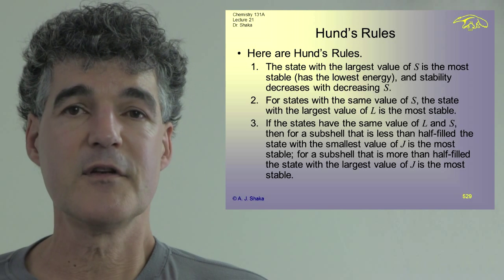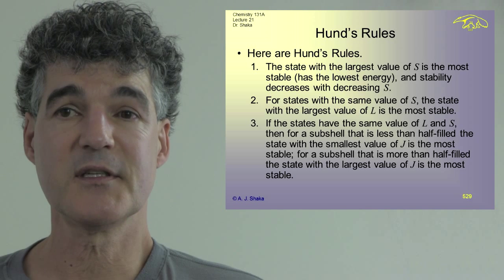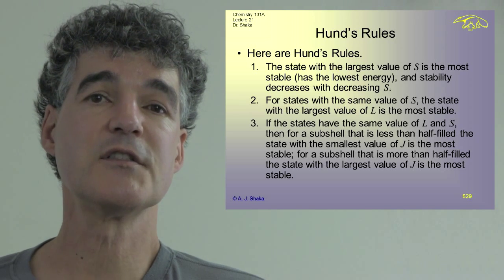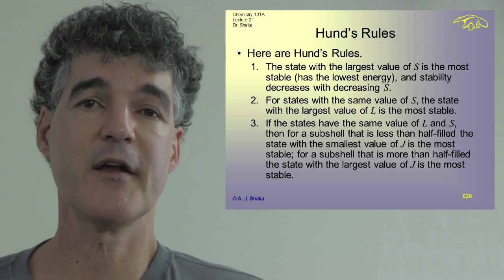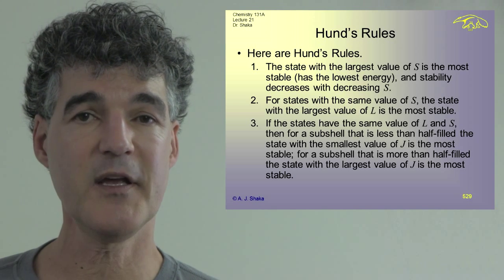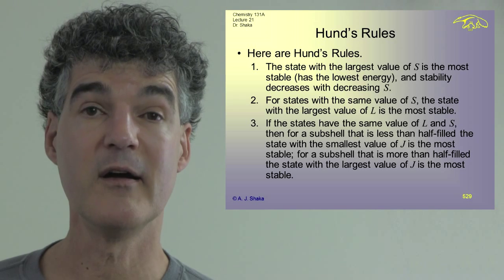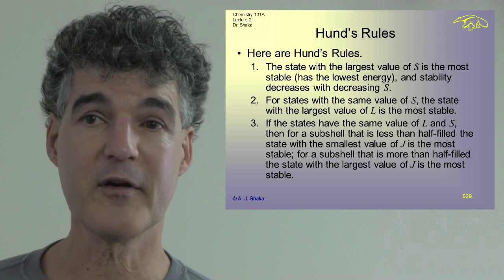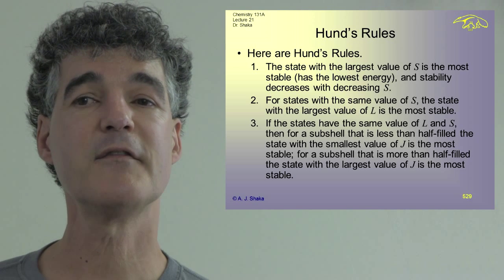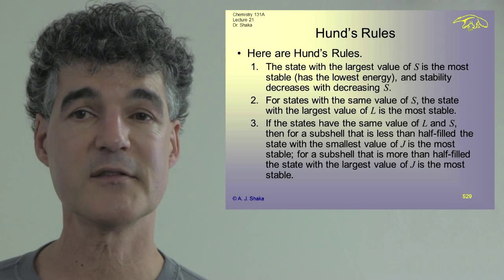If you have 2 possibilities with the same multiplicity, the same value of big S, then the state with the largest value of the orbital angular momentum, big L, is the most stable. So both S first, align the bar magnets, then L, get them going around together.